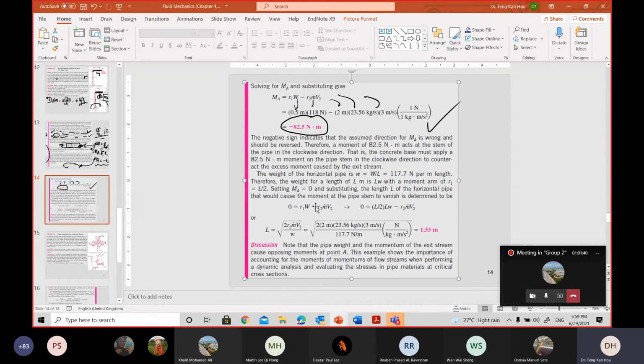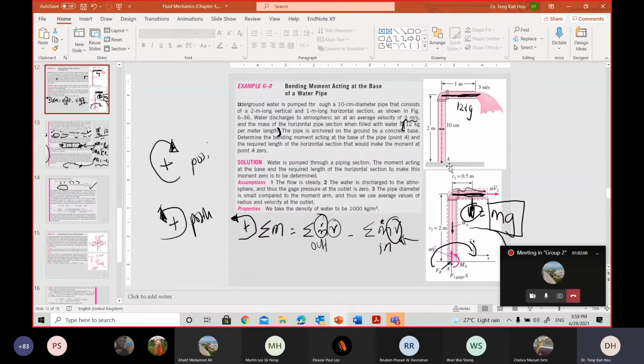So you just need to do a reverse calculation, right? You use the same things. You just need to use a reverse calculation to make sure they are not going to bend. And bear in mind, the question is given in kg per liter, or not liter, I mean kg per meter. It's kg per meter length.